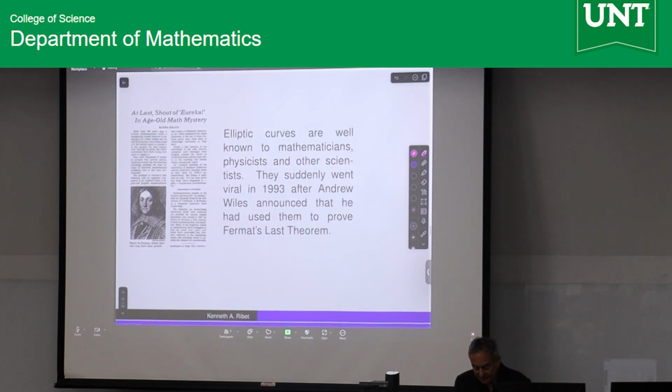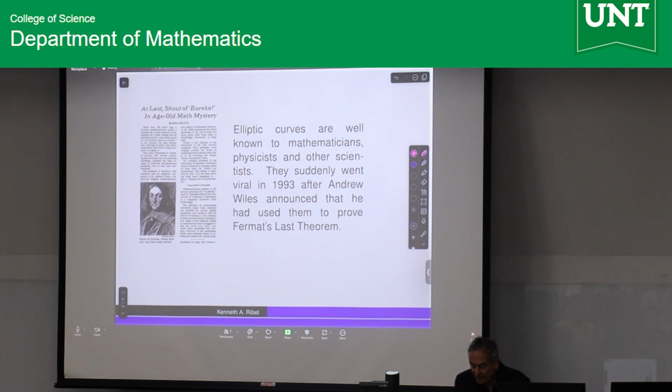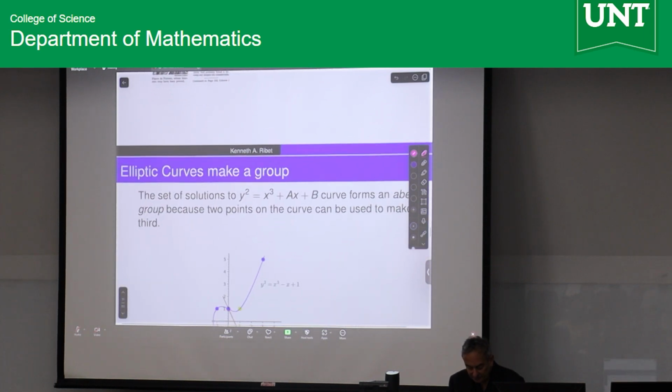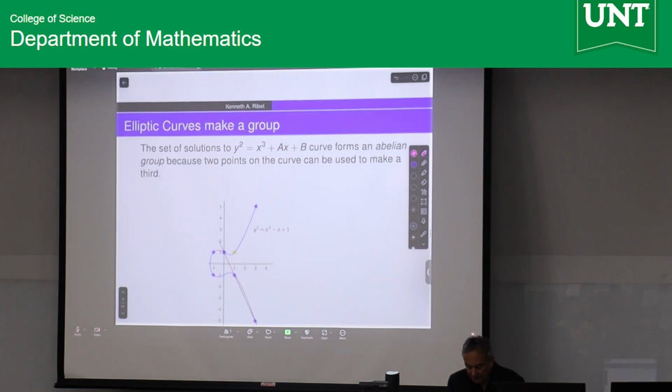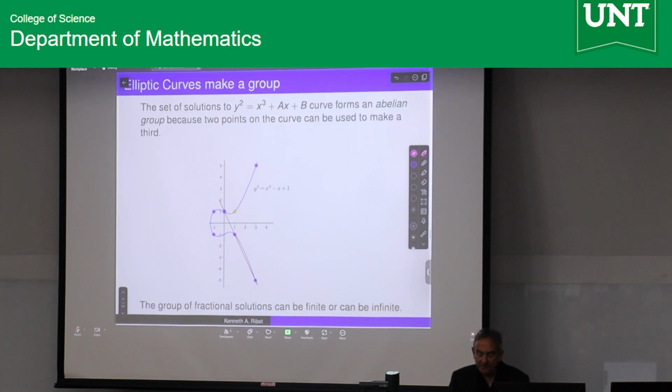If you look at this with a magnifying glass, you'll see my name in there. Because of that, I gave a lot of lectures on Fermat's last theorem, and started talking about elliptic curves to different kinds of audiences who had been at least familiar with the concept before the proof of Fermat's last theorem.